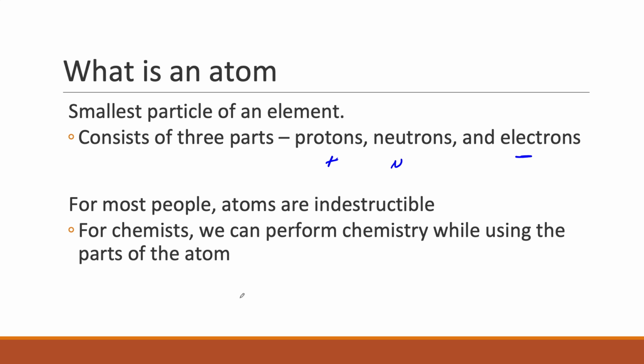Now, for most people, atoms are indestructible. In your normal life, we cannot take a piece of metal and change it to something else or break it apart. We think atoms are indestructible. Now, in chemistry, we know they're going to move the electrons back and forth. That's what electricity is. So, we can actually perform chemistry using the parts of the atom, mainly the electrons.